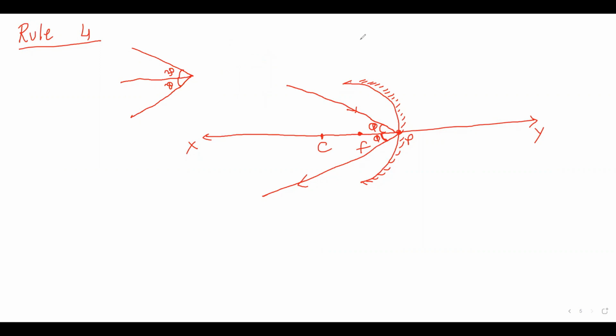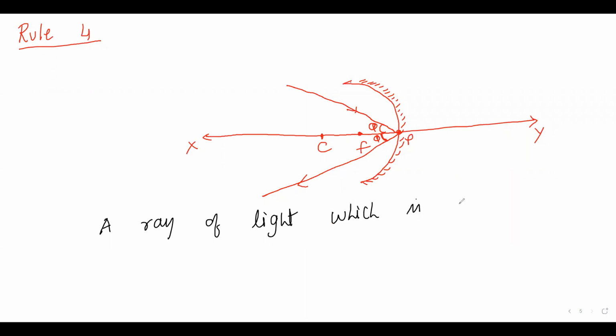This is our fourth rule. I will be writing. Please note down. Fourth rule: a ray of light which is incident at the pole of a concave mirror will reflect back making the same angle with the principal axis.